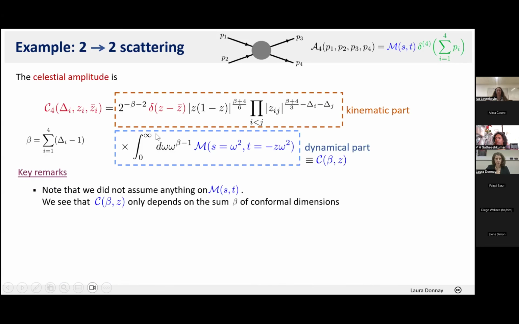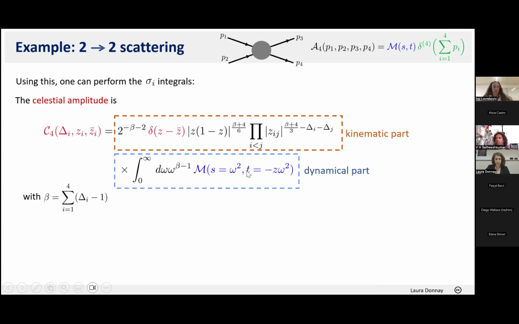So this is the integral that remains, the integral over omega. And now, as I told you, on the support of the delta function, S is by definition omega squared, and T becomes minus Z omega squared. And then I have split this integral from the thing that is boxed in red here, which is pure kinematics.